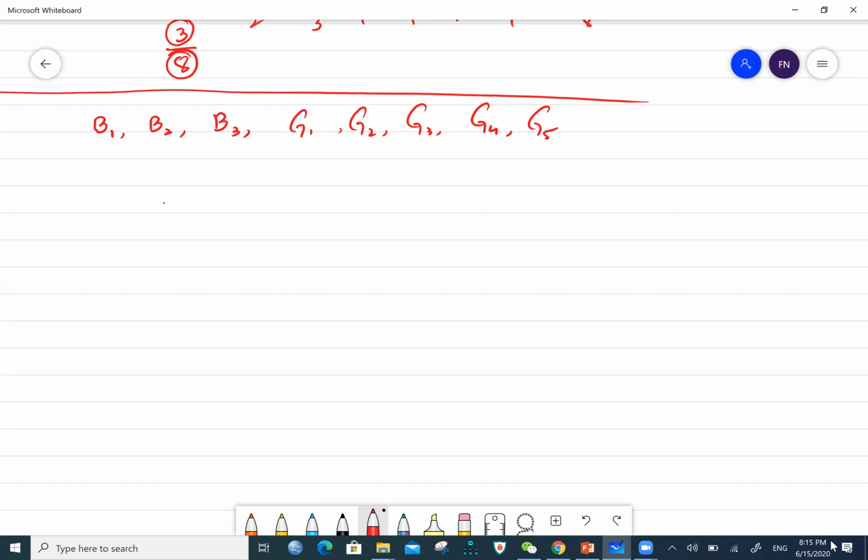Now my question is, again, there are 8 students in total. We want to select 2 boys out of 8 students. Now, what would be the probability?